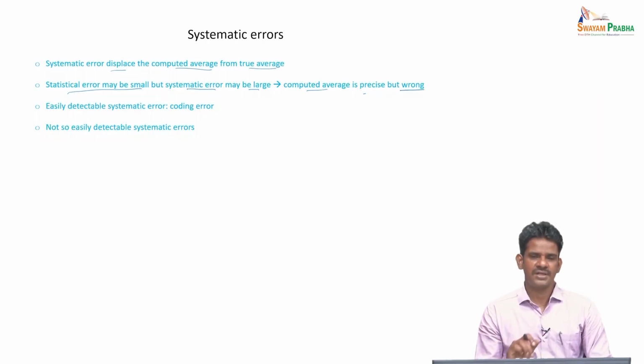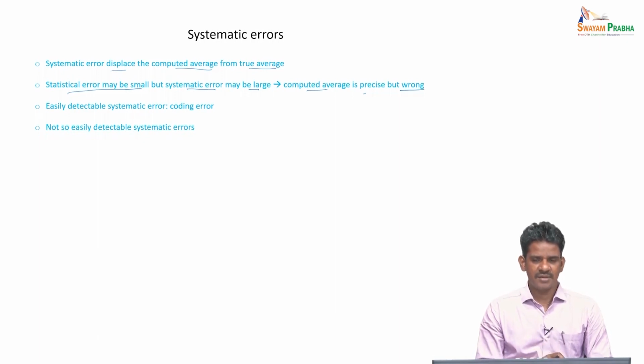But there are many other systematic errors which are not very easy to detect, and unless we are careful we may just ignore them and focus only on the statistical error. So it's very important that we give due consideration not only to the statistical error but also to the systematic error. So now we will discuss a few points by which we can detect or try to understand where this systematic error may come from and how do we eliminate it.